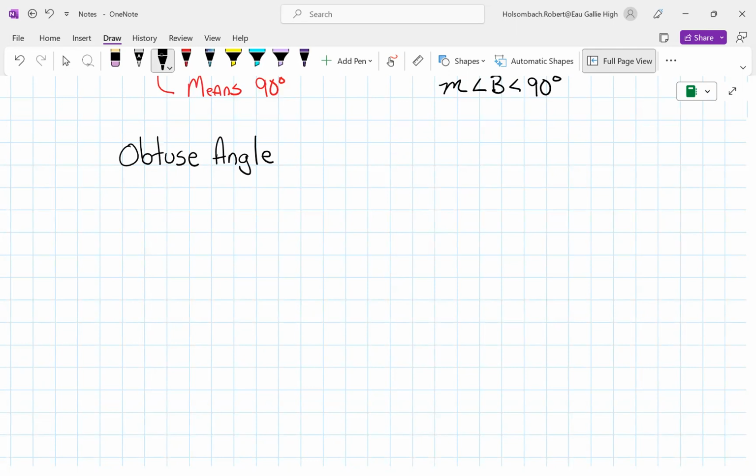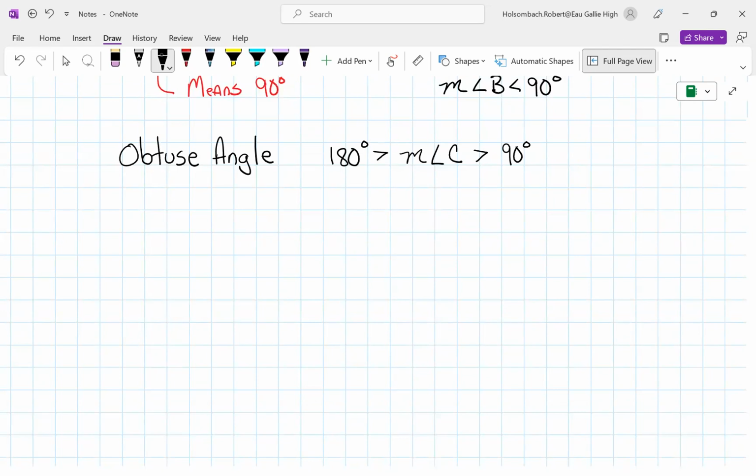An obtuse angle measures, we're going to say this, that 180 degrees is greater than the measure of angle C, and the measure of angle C is also greater than 90 degrees.